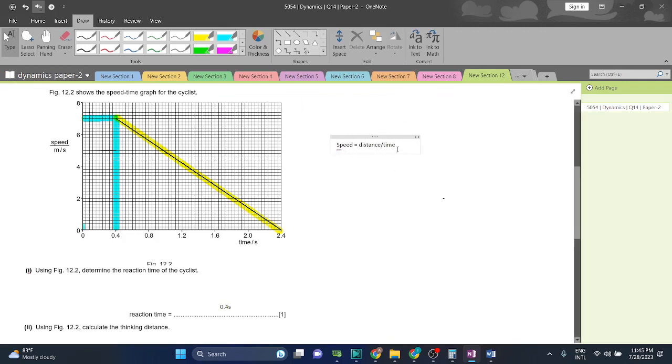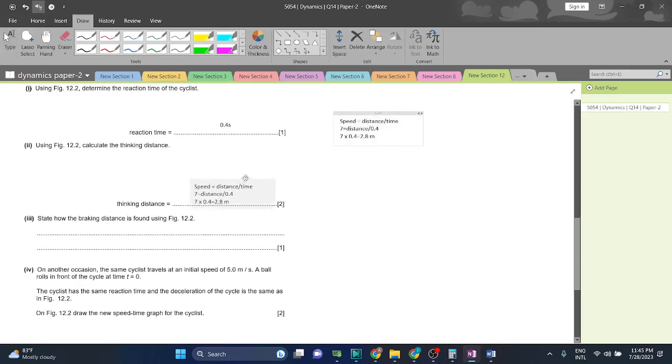We have speed and we have time, so can't we just straight away calculate what the distance is? What do we have? Speed is 7. Distance we have to find. And time is 0.4. So if we multiply 7 by 0.4, will we get the distance? Yes, we will, which is 2.8 meters, not meters per second, just meters.